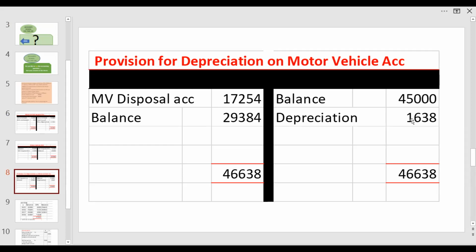But there is a small warning, right? Now you will have to understand, we have not prepared a statement of selling a motor vehicle. This is an account. Account means it is part of double entry.